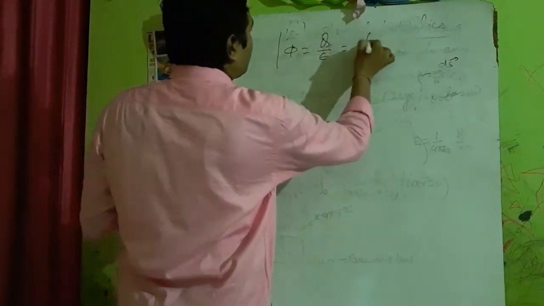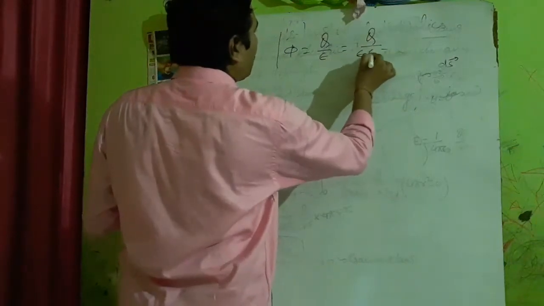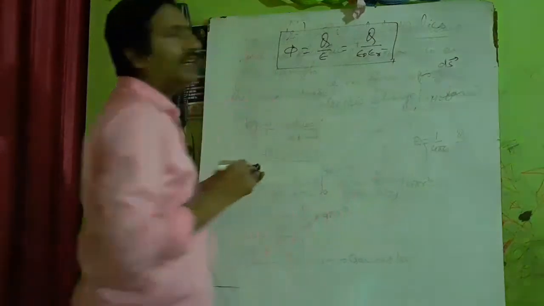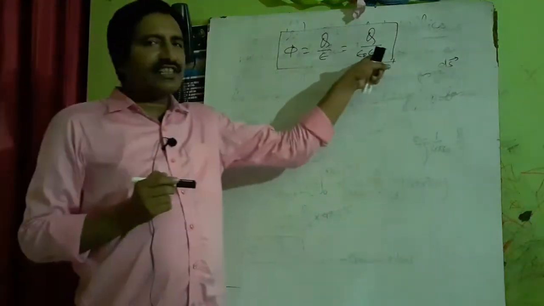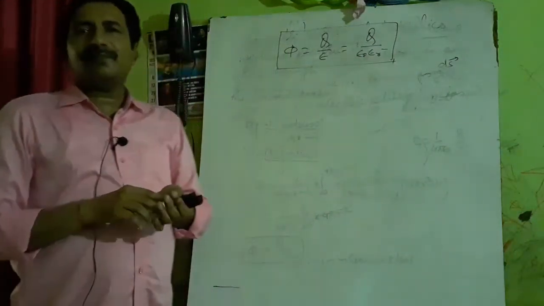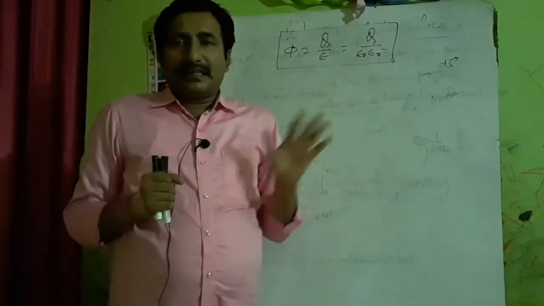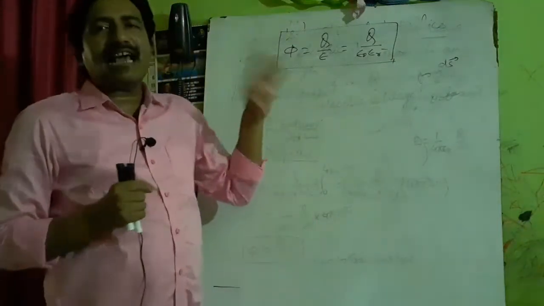It can also be written as q by epsilon naught epsilon r if epsilon r be the relative permittivity. You can also use capital K, dielectric constant, in place of epsilon r. So I think you understand Gauss law and its derivation.